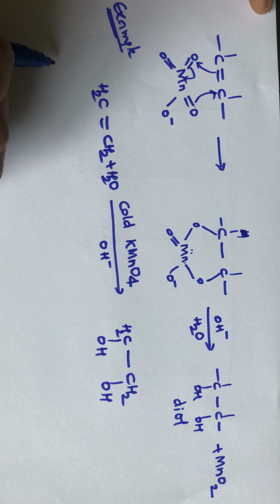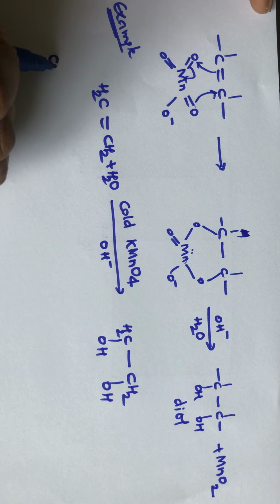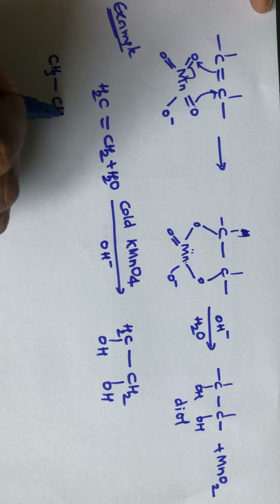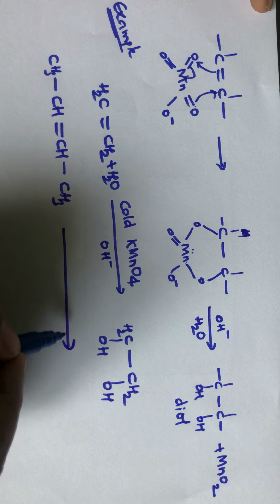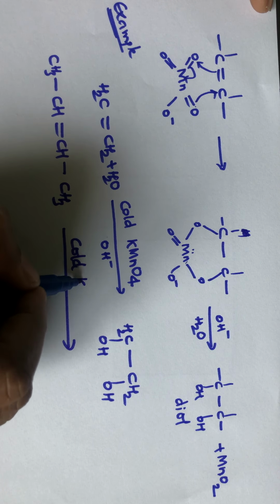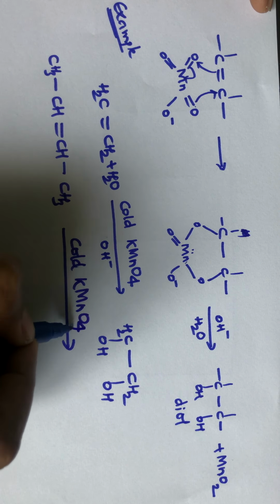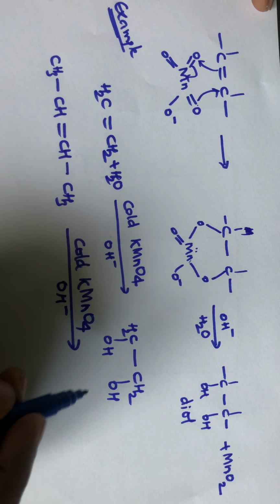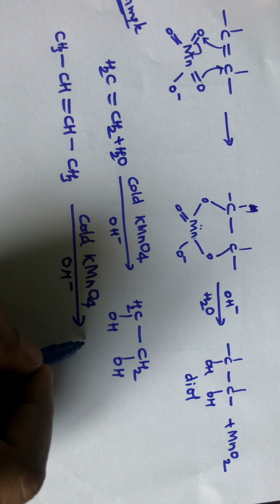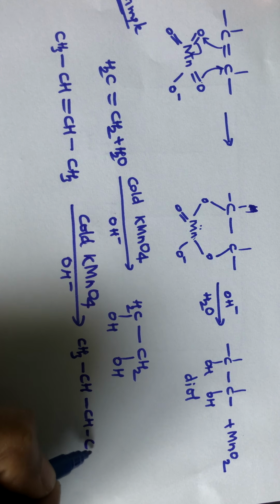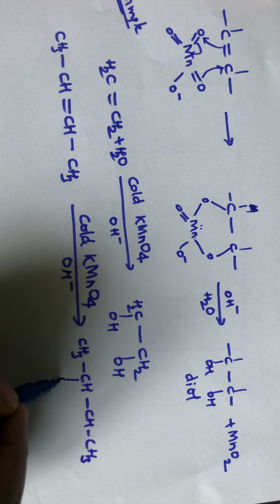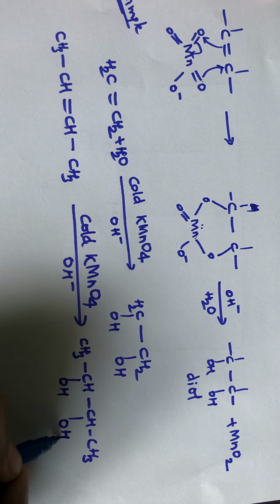Let's take another example so that you can write the product for this. CH3 CH double bond CH CH3, with cold KMnO4 and OH minus, gives CH3 CH CH CH3 with OH, OH.